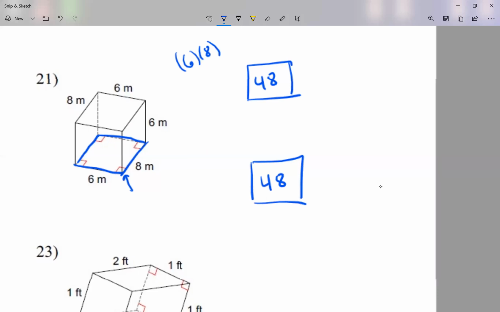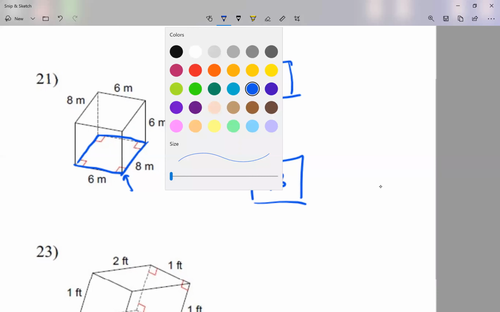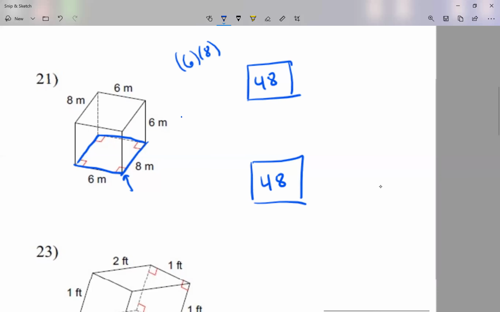I know yesterday when we were dealing with triangles, we divided by 2 because a triangle is half of a rectangle. Today we're dealing with rectangles, so no dividing by 2. The base has 4 sides, so I'm gonna have 4 rectangles in the center.